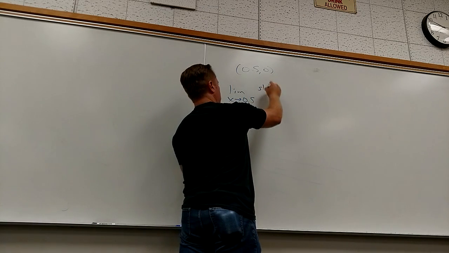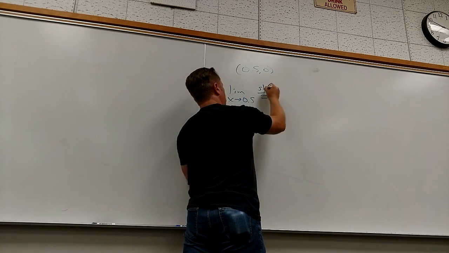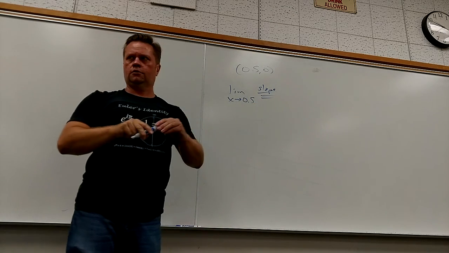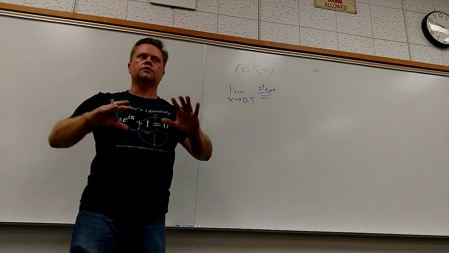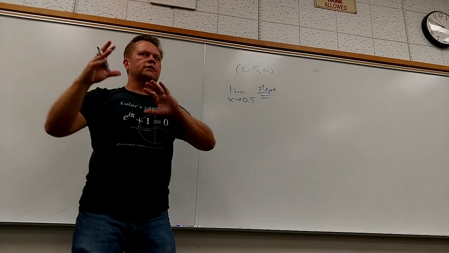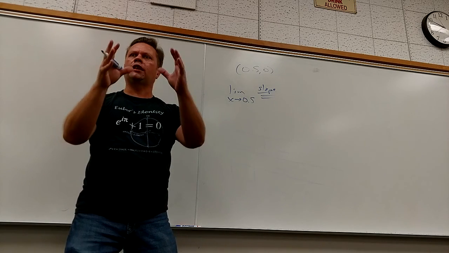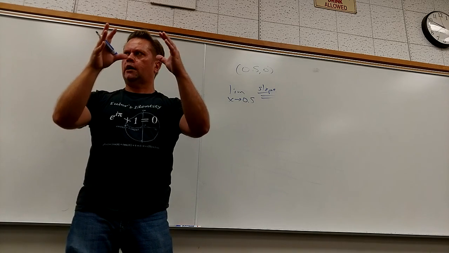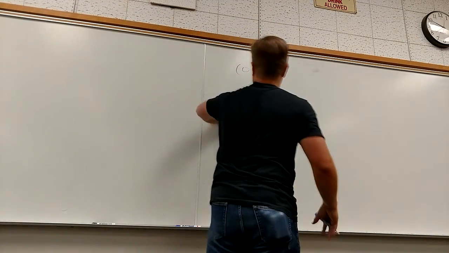But then I wanted to see what the slope was doing as I let that happen. Now in 2-2, we're going to take a step back and look at limits by themselves. How do limits work, period.